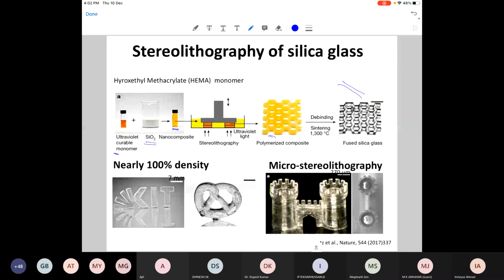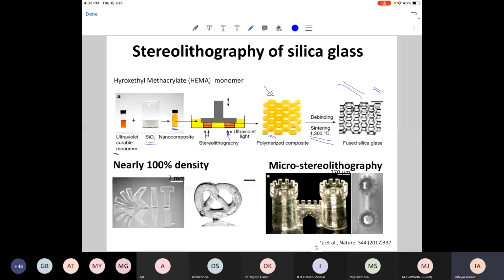Like in this case, the ultraviolet light is being shined from the bottom, and your station is going up. So it is stuck to the station or the stage, and the stage is going up. It is building up the layer slowly. So the bottom layer is built by stereolithography. And you get a freestanding green body, which was debinded and sintered at 1300 degrees C, and you can get beautiful structures like that.